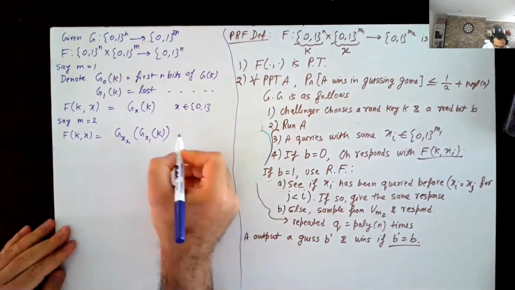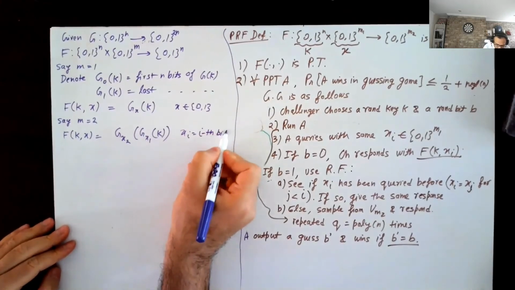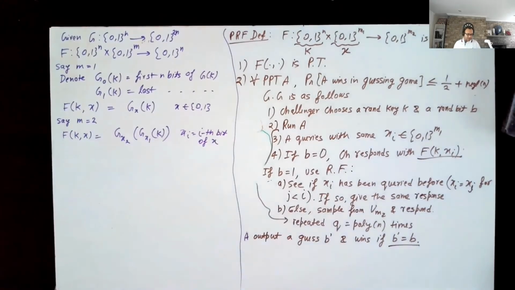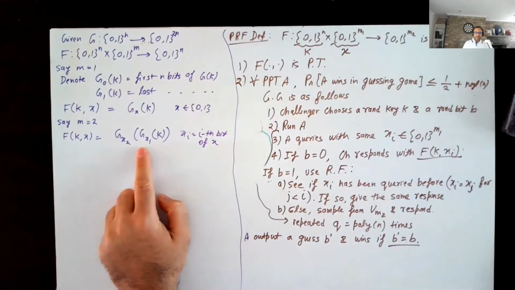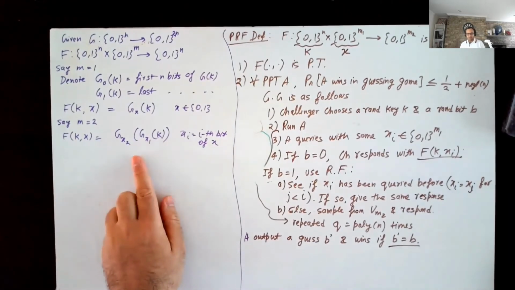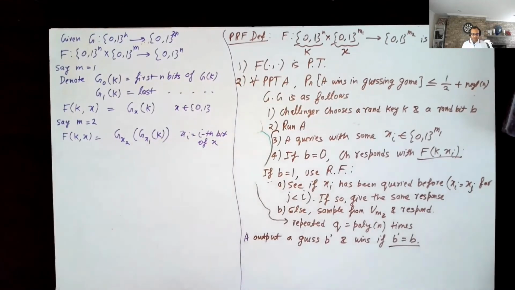Here xi is the ith bit of x. You look at the first bit, and depending upon that, you select either G0 or G1. Your output is uniform, so you can apply this process once again, and again select either G0 or G1.